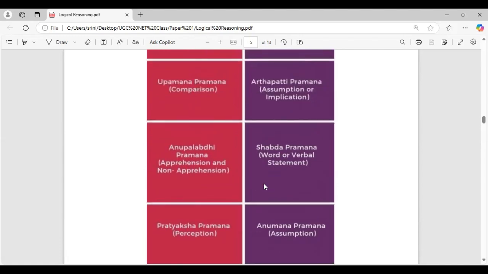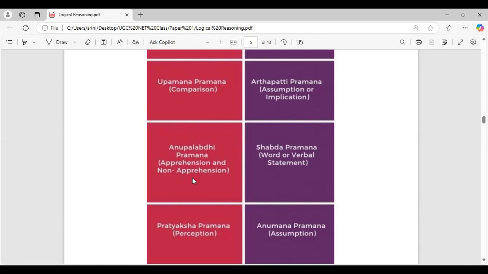Then Shabda, word or verbal statement. Then Arthapatti, assumption or implication. Then Anupalabdhi, apprehension or non-apprehension. So this is the order: Pratyaksha, Anumana, Upamana, Shabda, Arthapatti, Anupalabdhi.